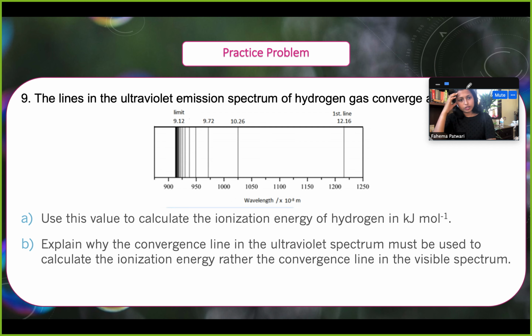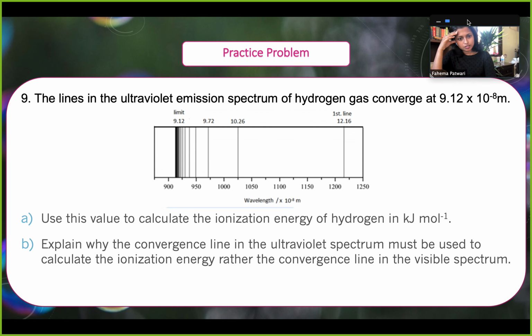Okay, so here, this is an IB question, a 2-part question. The first part says the lines in the ultraviolet emission spectrum of hydrogen gas converge at 9.12 times 10 to the negative 8. What does that mean? It means that here your emission spectrum lines are pretty far apart, right?